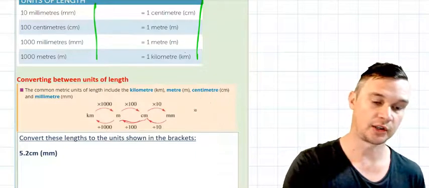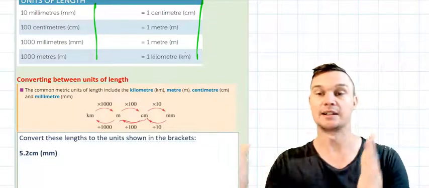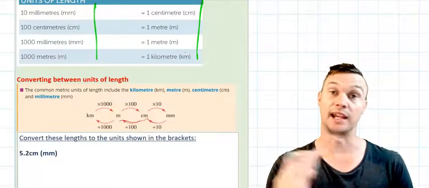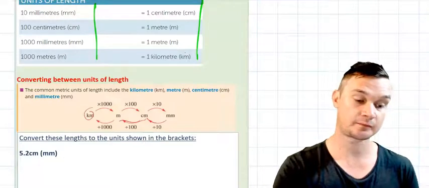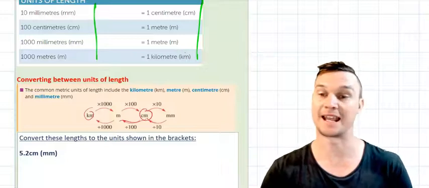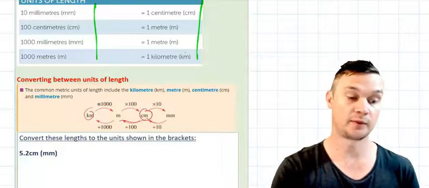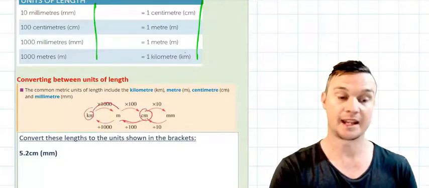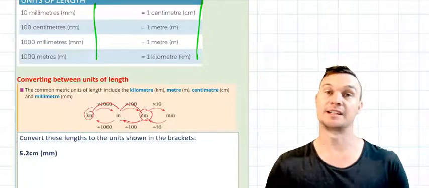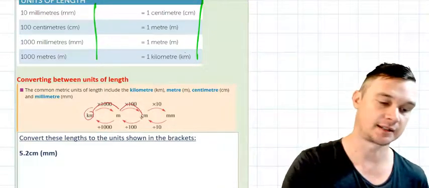Okay, and the opposite occurs when we're trying to scale down. So if you had kilometers, and you wanted to find out how many centimeters that were, you'd first multiply it by 1,000 and then multiply it by 100 to get your answer in centimeters in length.